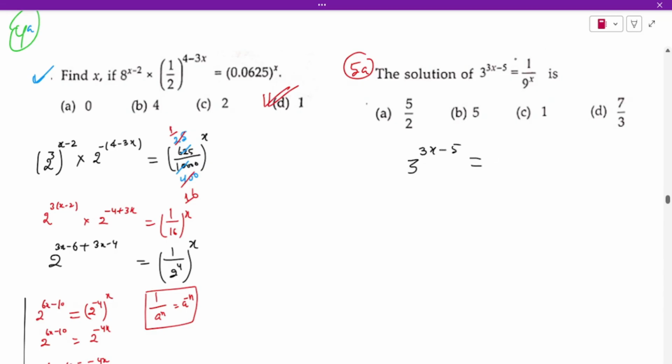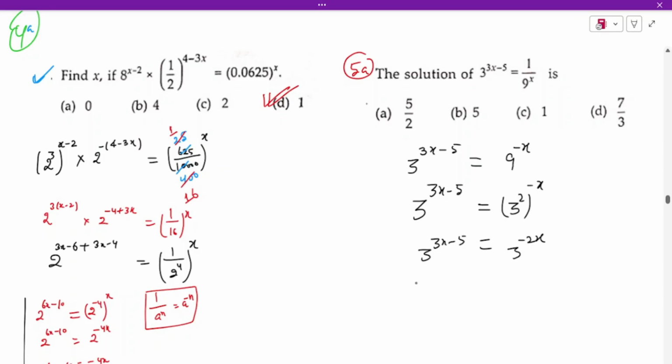On the right, by using the reciprocal law, we can write 1 by 9 as 9 to the power of minus x. Now 9 can be written as 3 squared, so this is 3 power 2, whole power minus x. We can write this as 3 to the power 2 into minus x, which is minus 2x, and on the left 3 to the power 3x minus 5.